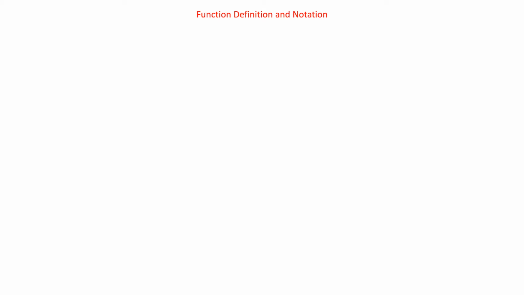So, first thing we're looking at is the definition of function and function notation. A function is a relation where each input goes to exactly one output. If you know what's going in, you know exactly what's going to be coming out of it. In our general notation, the function f of x equals something.